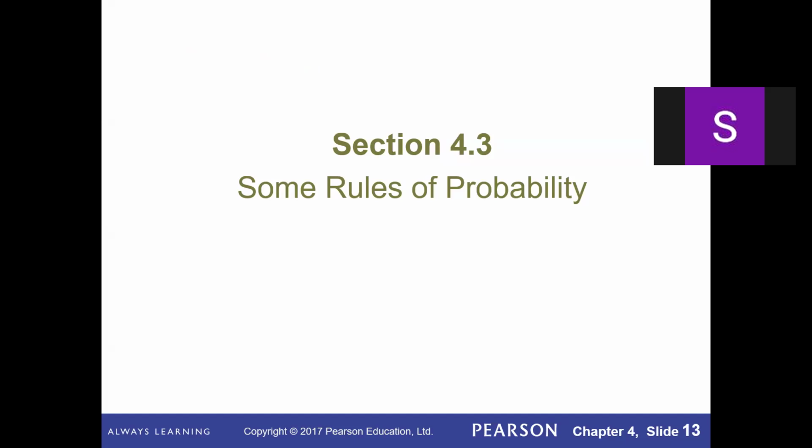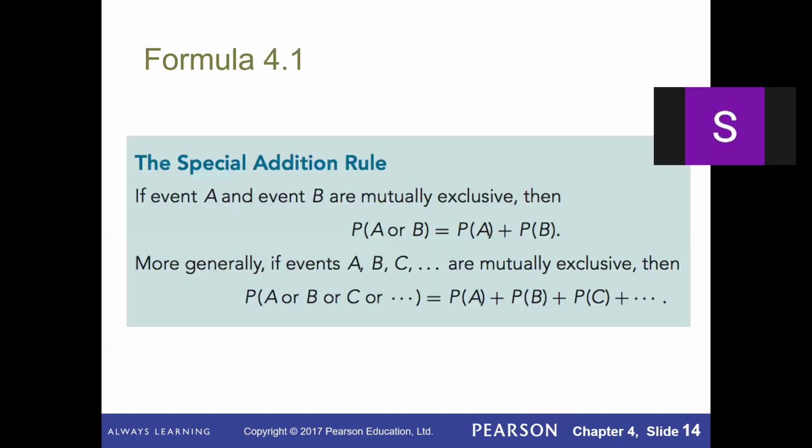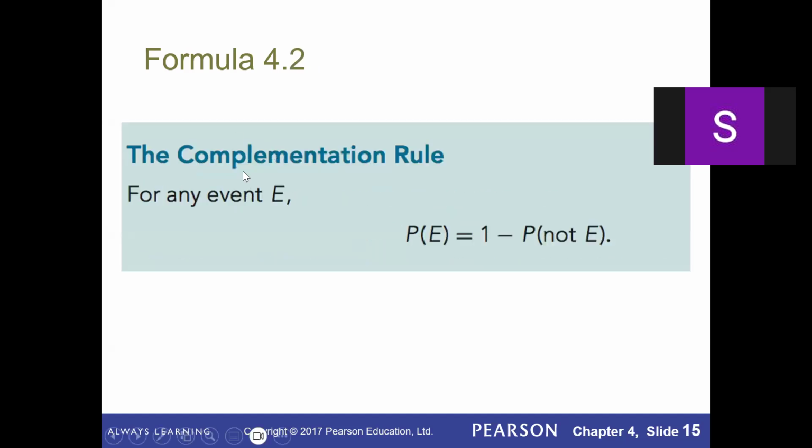Some rules of probability. A special addition rule is what? If A and B are mutually exclusive, then probability of A or B is equal to probability of A plus probability of B. Complementation rule is what?